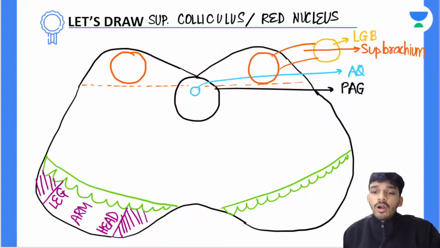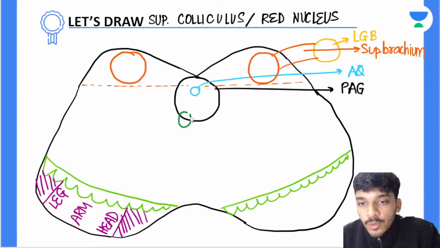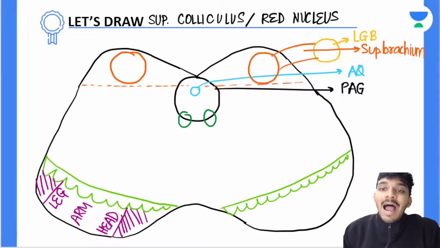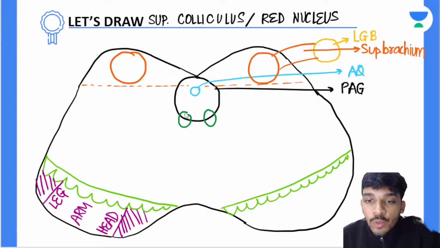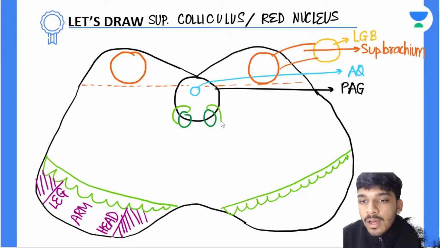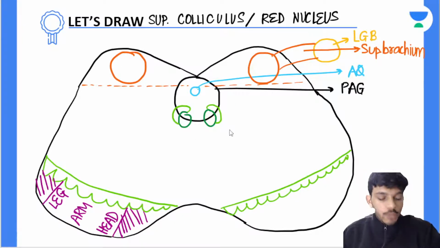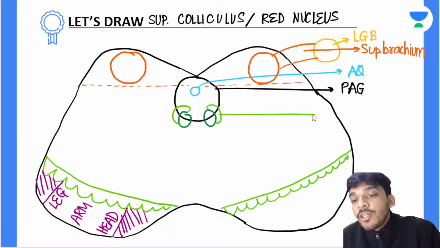Now we will draw two very important structures. One here is called the oculomotor nucleus. And on top of it you have another nucleus associated with it like this. That is called the Edinger-Westphal nucleus. That is the parasympathetic nucleus of the oculomotor.